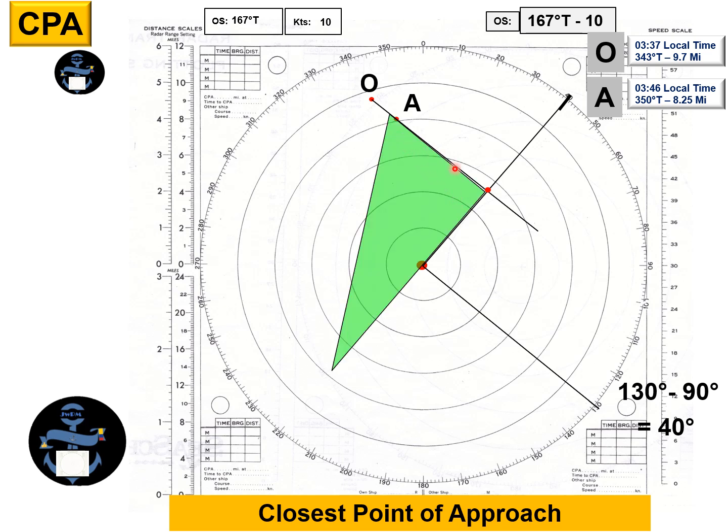This nautical ruler, one side is touching the DRM, and the other side is touching the center of the plotting sheet. This is the 90 degrees angle.